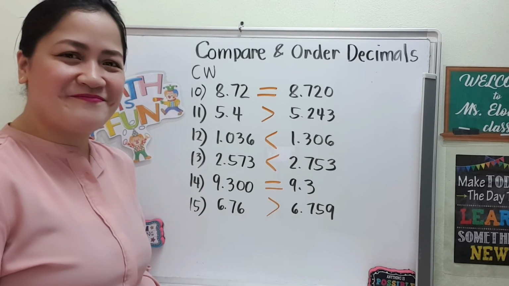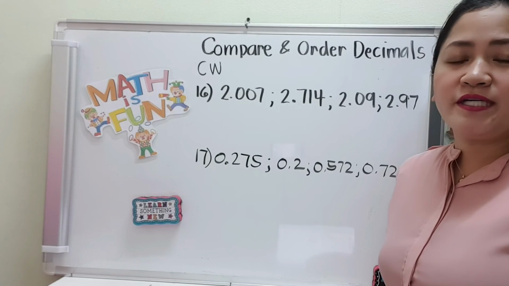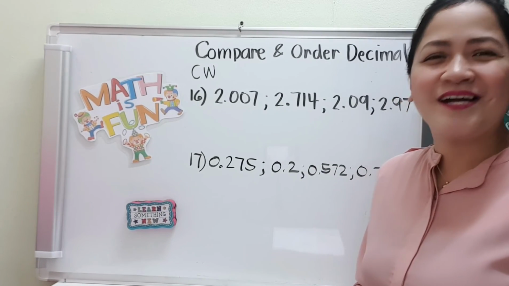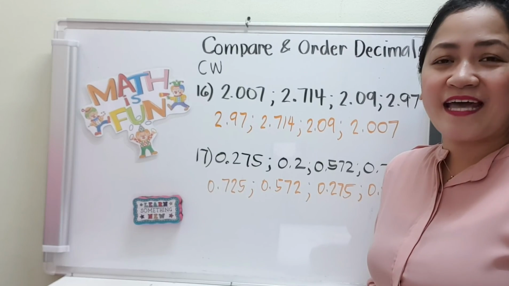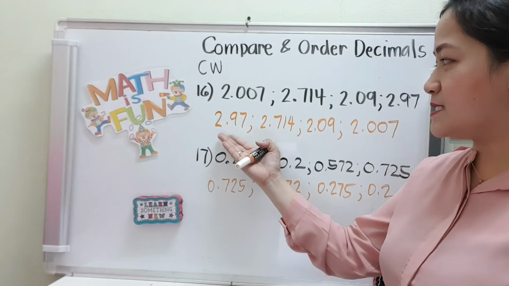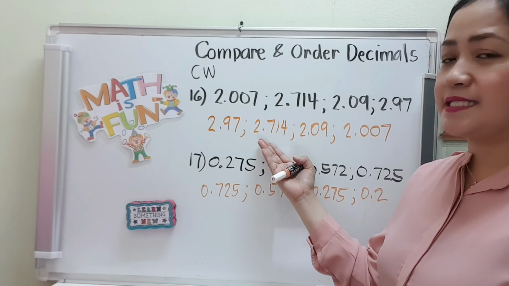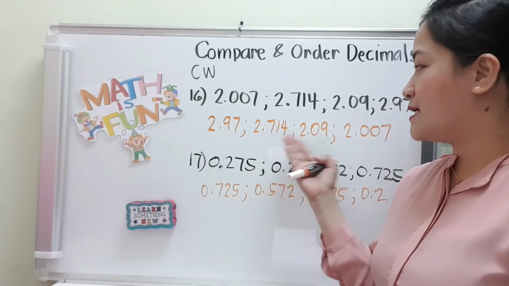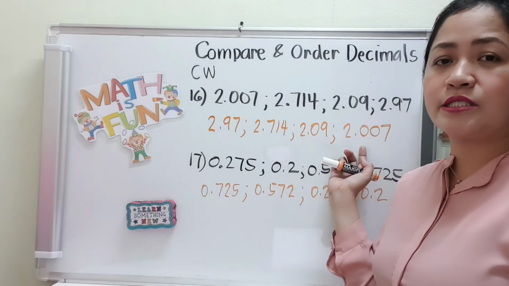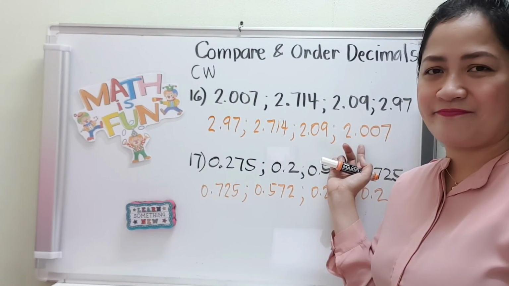Good job! This time, you will order these numbers from greatest to least. You can do it. Good luck! Here are the answers. The greatest is 2 and 97 hundredths, followed by 2 and 714 thousandths, and then 2 and 9 hundredths, and the least number is 2 and 7 thousandths.